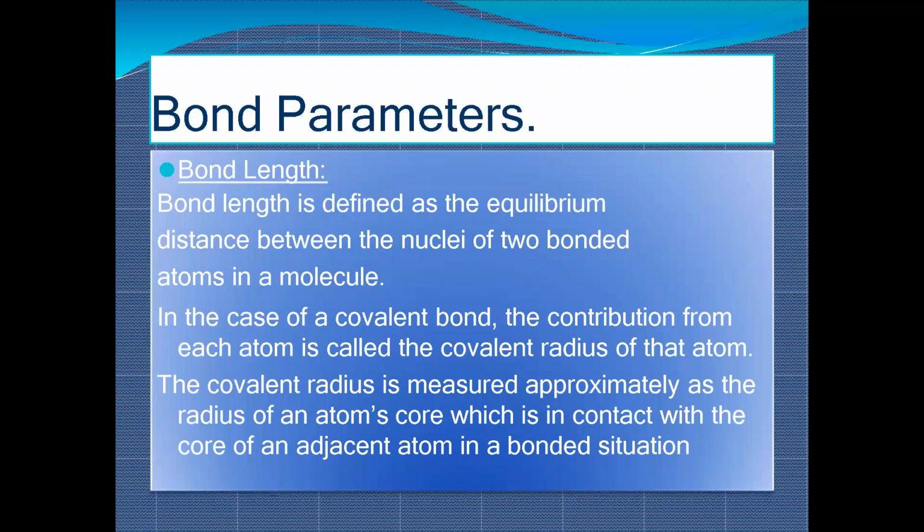If you want to find out the bond length in any molecule, it is the distance between the two nuclei of both the combining atoms. From one nucleus to another nucleus, you can calculate the length of that bond.